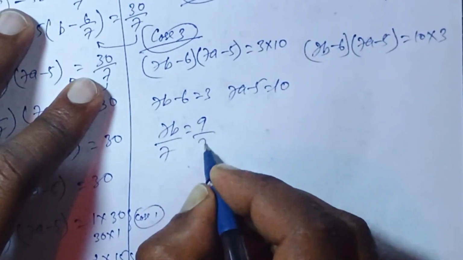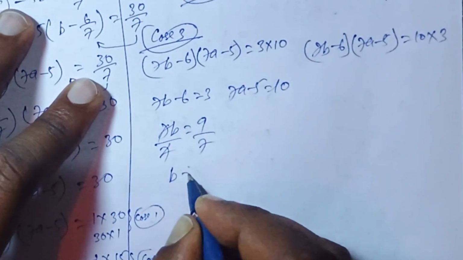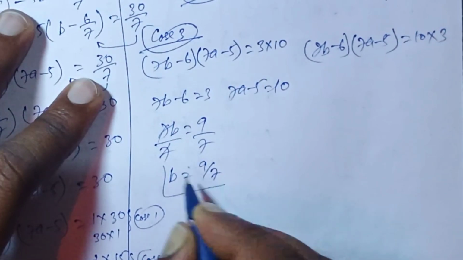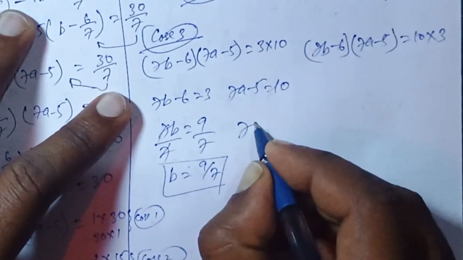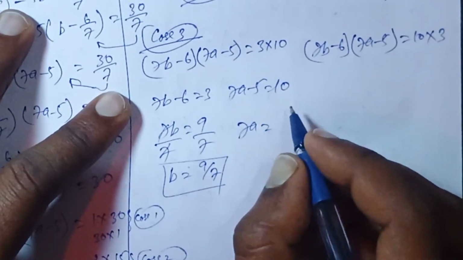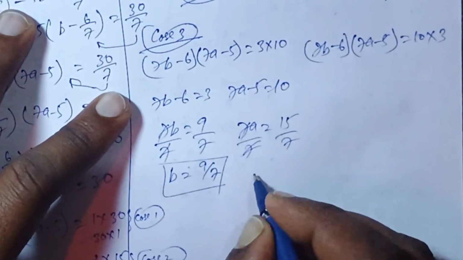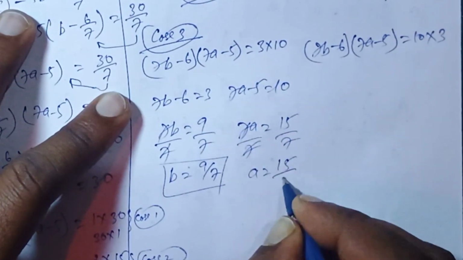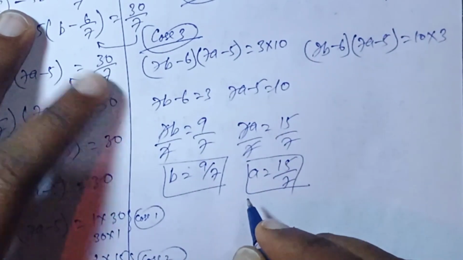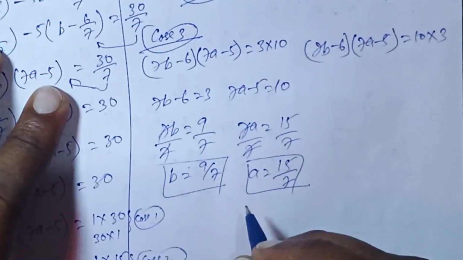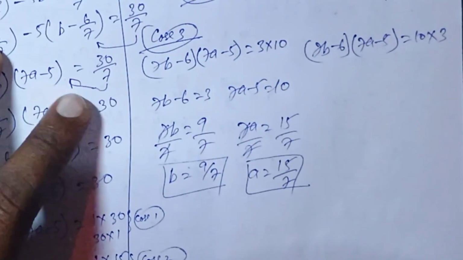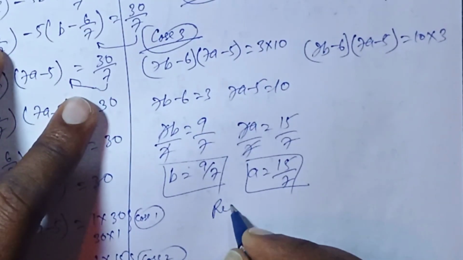Both sides divided by 7. Here cancel, b is equal to 9 divided by 7. Here 7a is equal to 5 plus 10, 15. Both sides divided by 7. Here cancel, a is equal to 15 divided by 7. This is in fraction form. They are complex solutions, so they will be rejected.